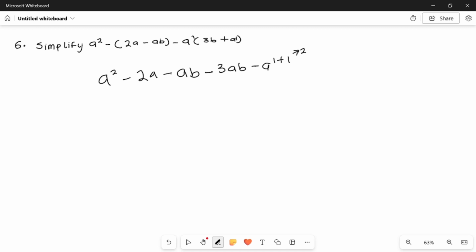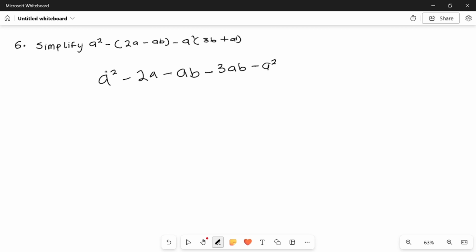So it's supposed to be a raised to power 2. So we have a raised to power 2, right? So we successfully removed the bracket.